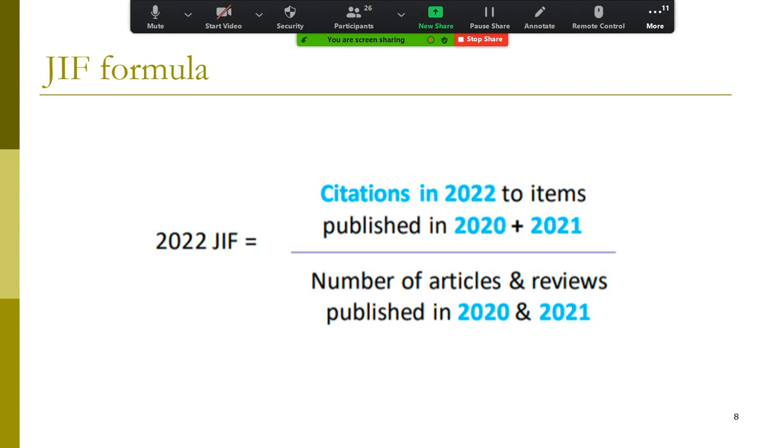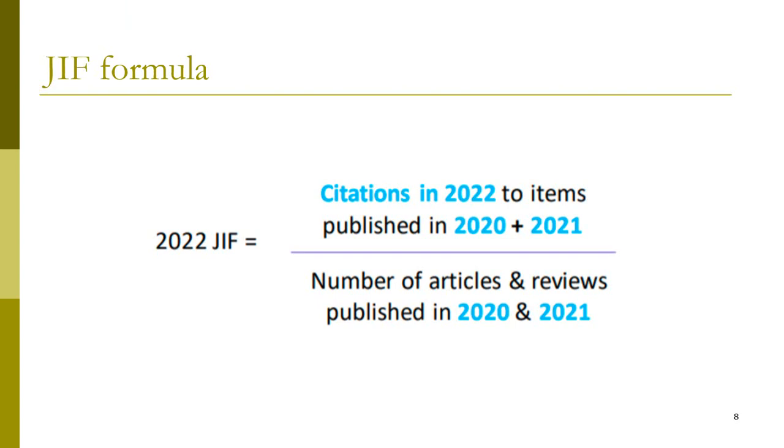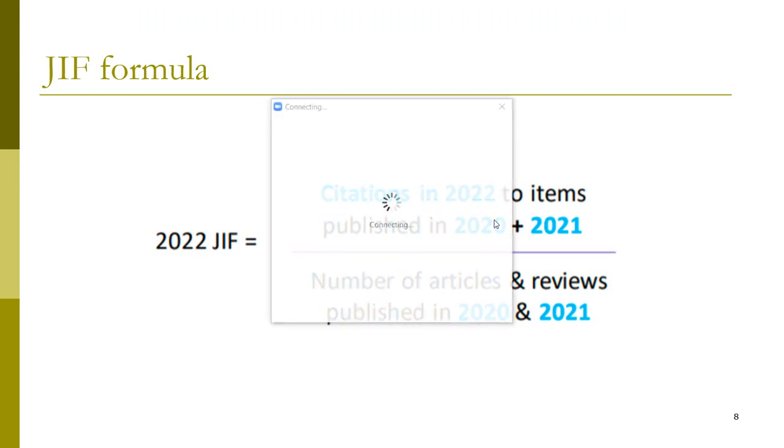These are the citations in 2022 to items published in 2020 and 2021, divided by the number of articles and reviews published in 2020 and 2021. For example, a specific journal, journal ABC, publishes 50 articles in a year and 50 articles in another year. So in total for 2 years, there will be 100 articles.